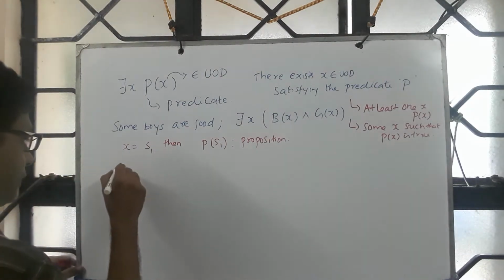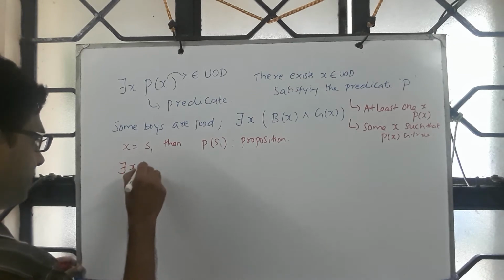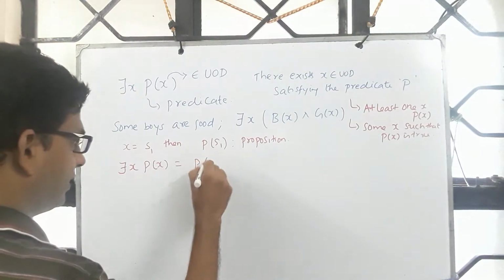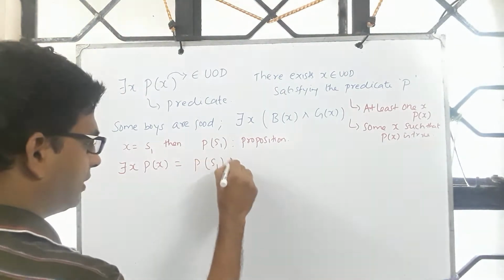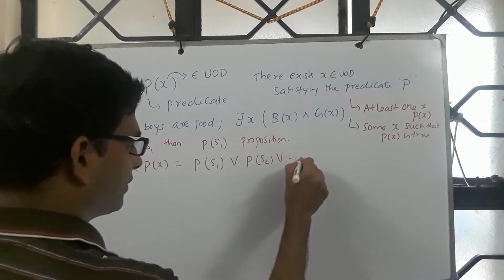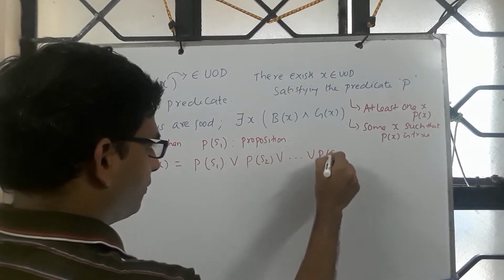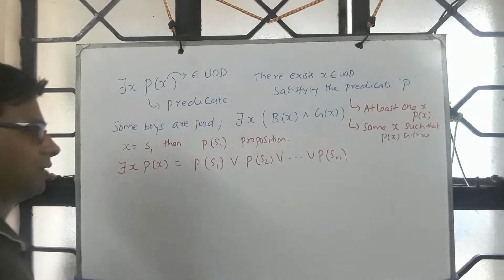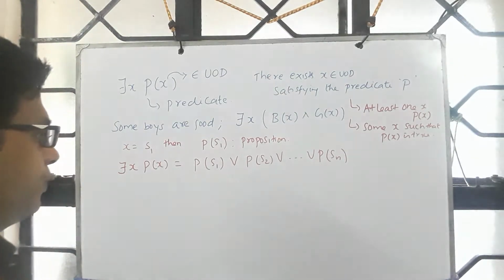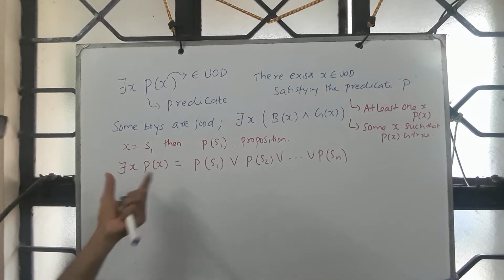Which means there exists x, p of x is precisely p of s1 or p of s2 or p of s3, and so on up to p of sn. If at least one is true, then there exists x, p of x is true.